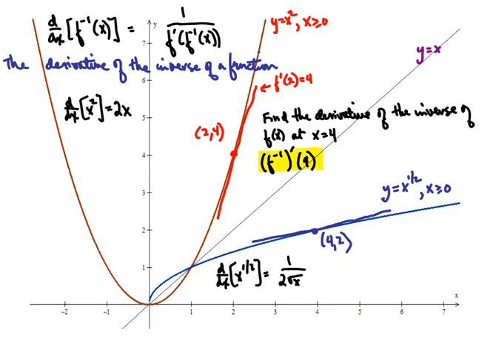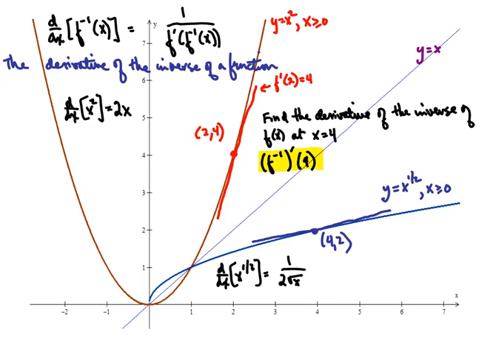So to do that, what you would have to do first of all is on the original function, find the x value which gives you a y value of 4. Again, we want 4 on the inverse function, and remember 4 is the y value on the original function. It's the x value on the inverse, it's the y on the original.